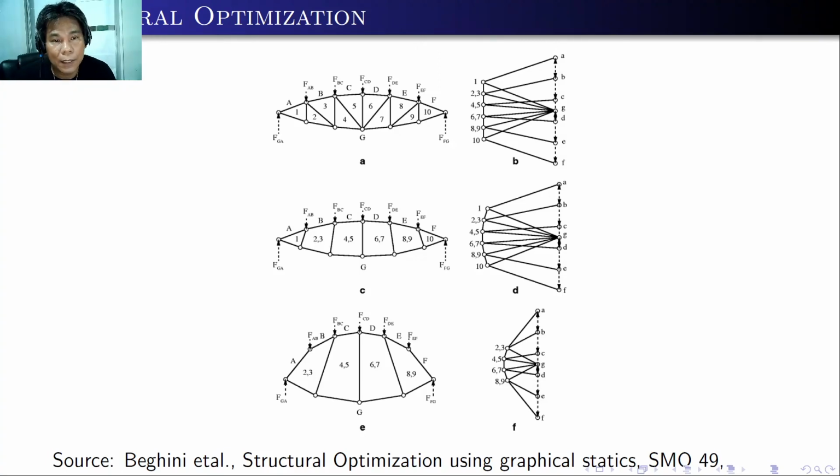Also, for structural optimization, this is not an easy structure. This is quite difficult to compute manually. So by drawing with a scale drawing, you can just use Maxwell's diagram to determine the forces. As you can see, you can optimize the sections by simply drawing it, and you will see the corresponding forces involved.